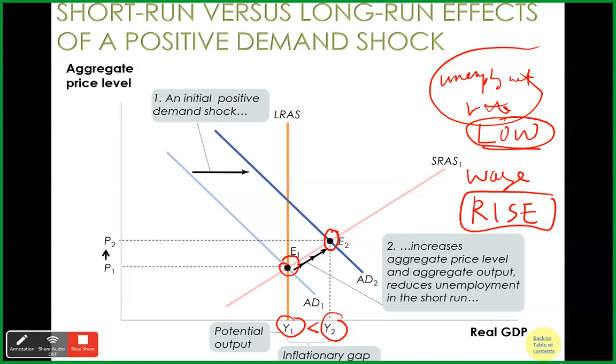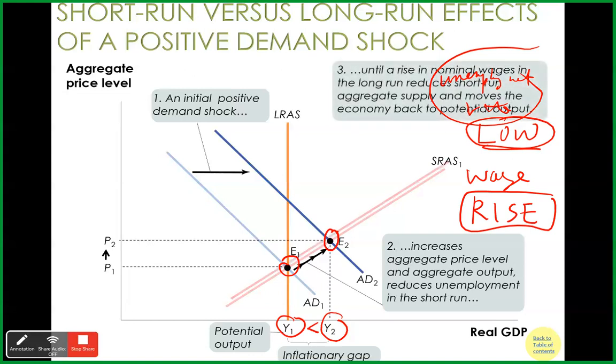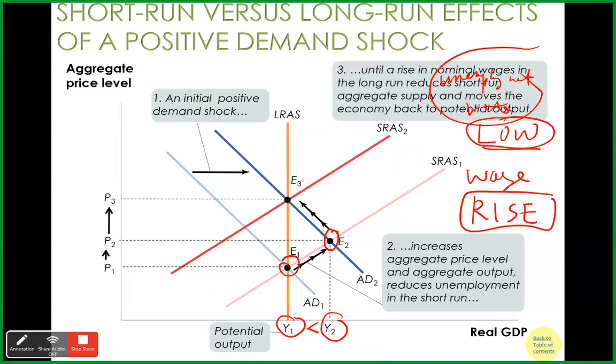This is going to be a negative supply shock, essentially, right? And then the aggregate supply is going to reduce, and this adjustment will continue until we reach this point, or in other words, until we reach a new long-run equilibrium.